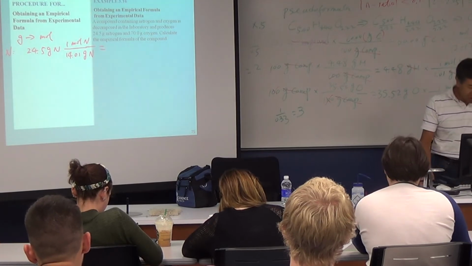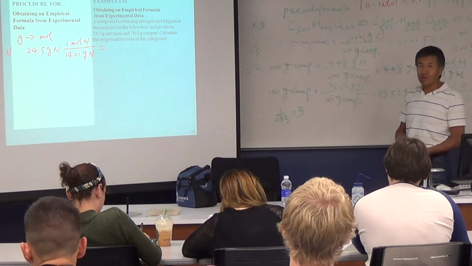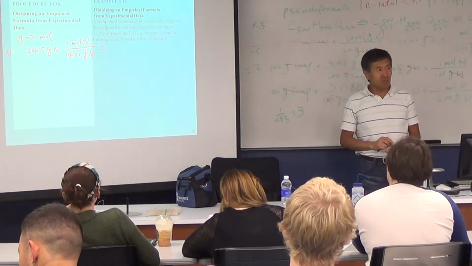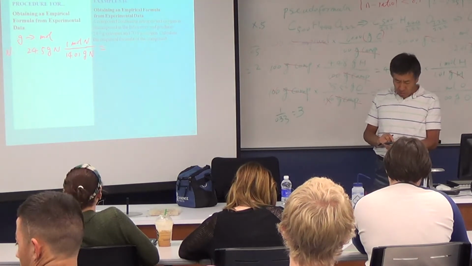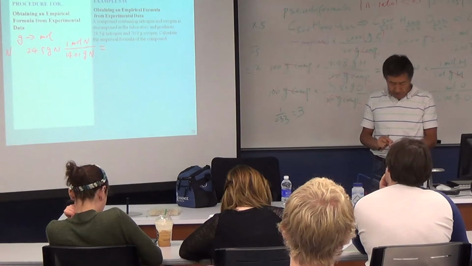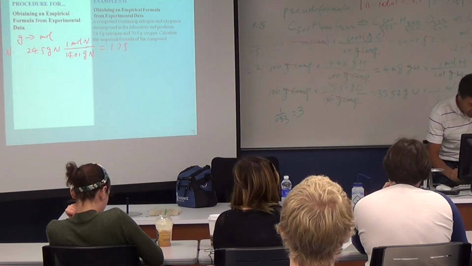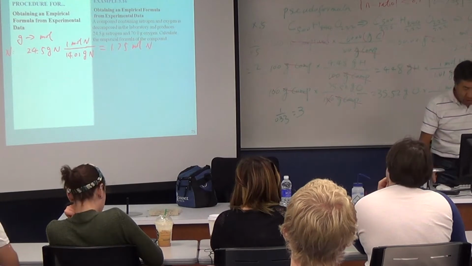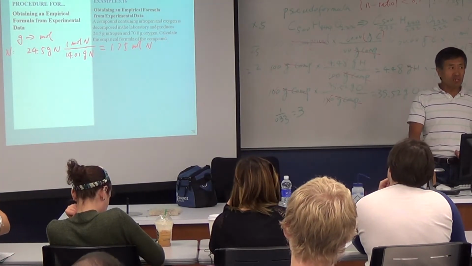And so this becomes much easier because you don't have to use the first step, you don't have to figure out how to use the mass percent. You take 24.5 divided by 14.1, and you get 1.75 moles of N. So I keep two decimal places.